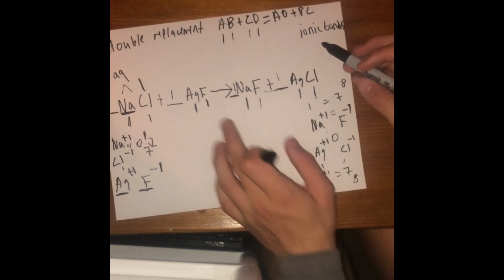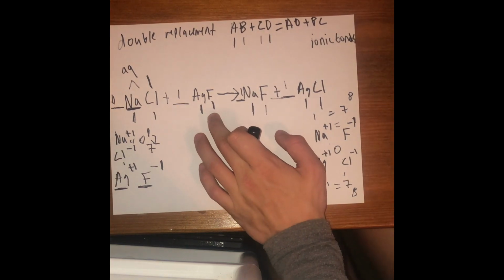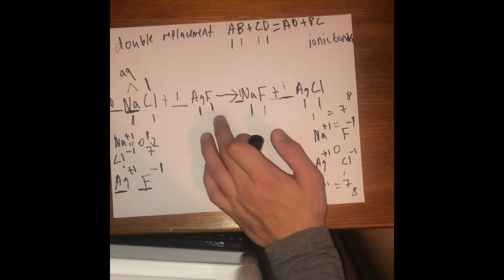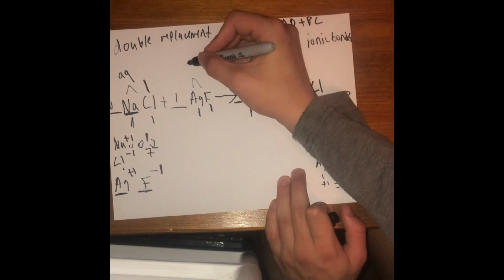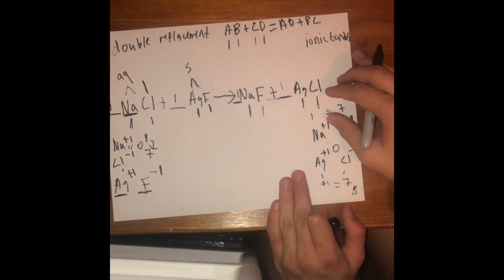Now we'll go to the next one, which is silver fluoride. Silver fluoride is just a little bit different because we can't identify it as a soluble or insoluble type of bond between each other, but we can identify that it is a solid because silver is the solid.